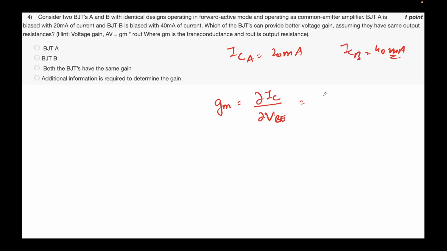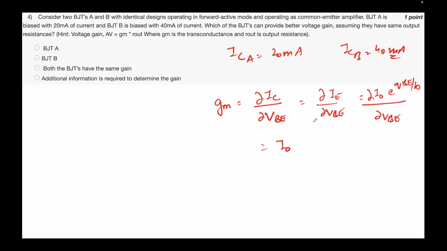Okay, what is the output current? We know that IC is approximately equal to IE, right? So I can write del IE over del VBE, and IE I know is some I naught e to the power q VBE over KT, del VBE.